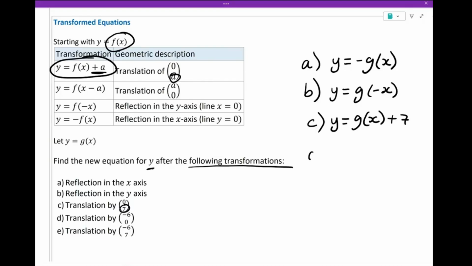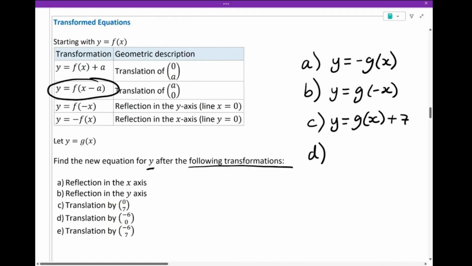Let's have a go at part D. Part D is another translation. However, this time the vertical component is 0. So the translation I'm going to consider is this one here, the second one in the table. What this is saying is, if you're starting with f of x, you're going to replace the x with an x subtract a, where the a is the horizontal component of my vector.